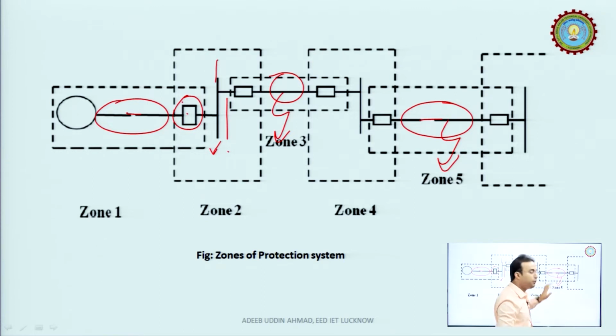Zone 5 has a protection system with this circuit breaker and this circuit breaker, so these two circuit breakers will operate immediately. This zone 5 is cut off from the rest of the power system, so now this part is the healthy power system and this is the faulty part. After the fault is cleared, zone 5 is connected again to the power system network. So, this is the zoning.